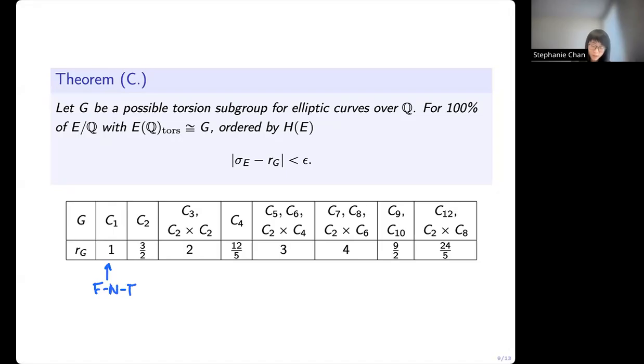So most elliptic curves lie in this first case, which follows from Fouvry, Nair, Tenenbaum. But in the other cases, when the torsion subgroup is non-trivial, it turns out that the typical value of the Szpiro ratio is a bit larger than 1.